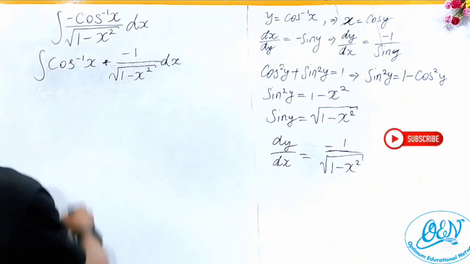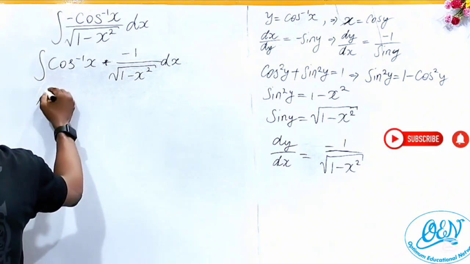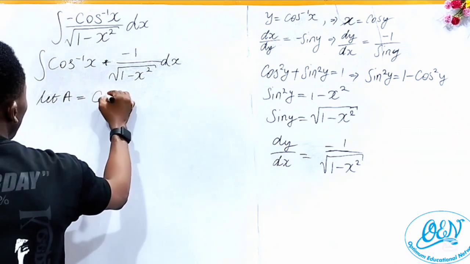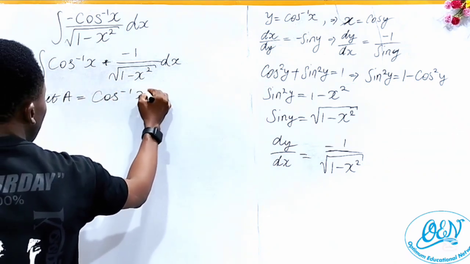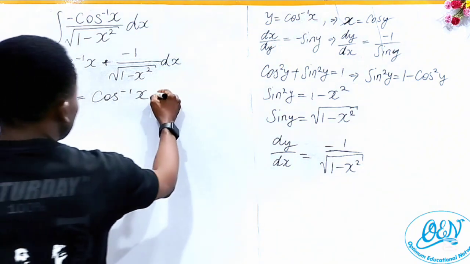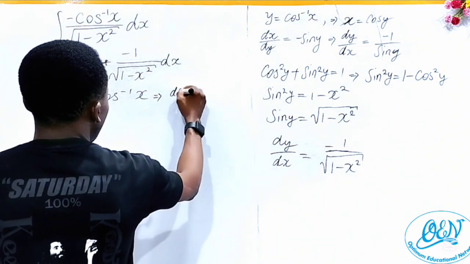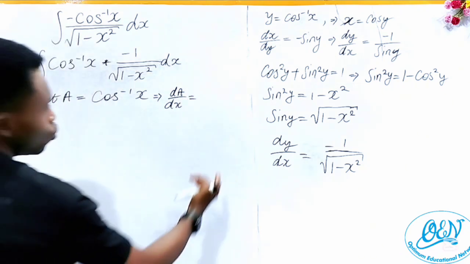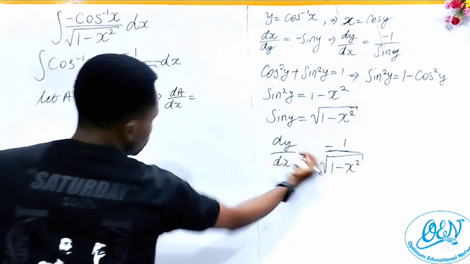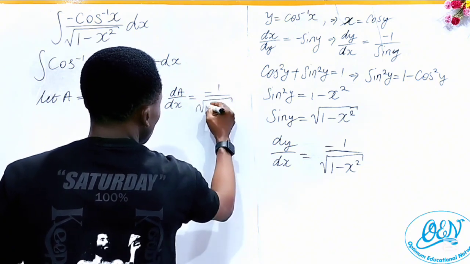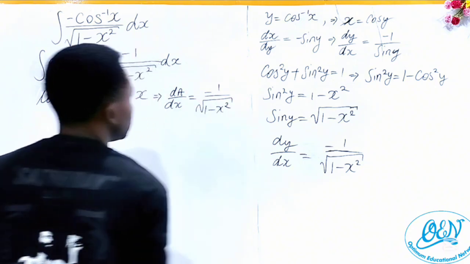So what do I say? Let a be equal to cos inverse of x. Now if a is equal to cos inverse of x, therefore da/dx will be equal to the derivative of this, which is minus 1 over root 1 minus x squared.